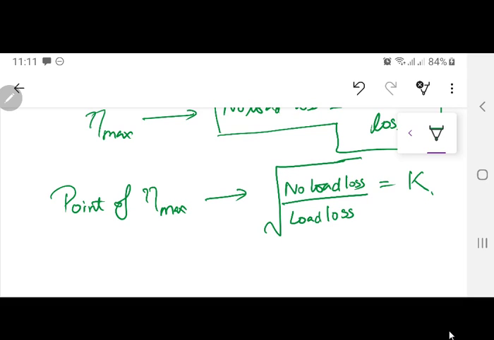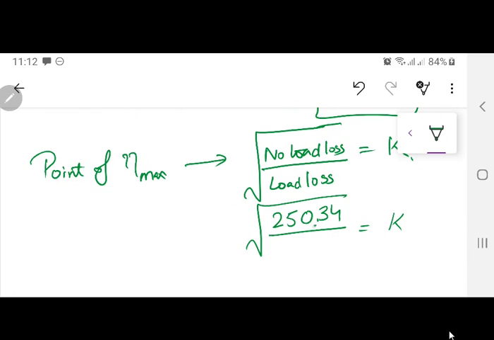Now in our case, if you remember, what was the no load loss in our transformer, from the last lecture? I just want to find out the K here in this case. It was 250.34, and the load loss was 1760.